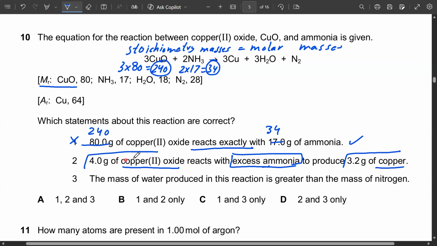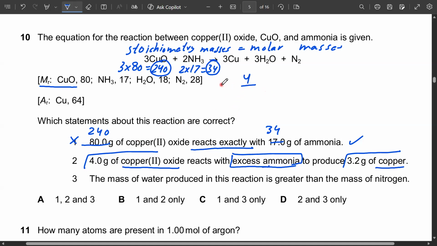So let's check with the copper oxide. If they are saying 4 gram of copper oxide, then we have 80 as the MR of the copper oxide. So 4 gram given means you can take the mole of this copper oxide.